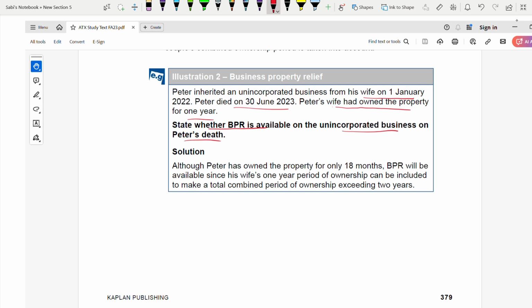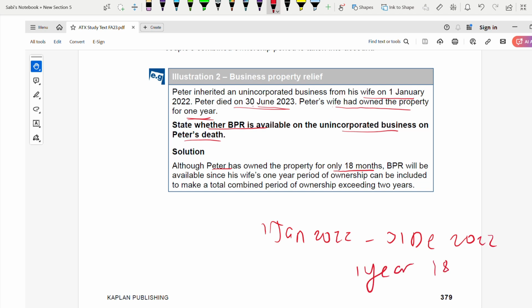With this 1 year you can add. So if you add 1 year, although Peter had owned the property for only 18 months, 1 whole year and 6 months, from 1st of Jan 22 to 31st December 22, 1 year, and 6 months because till 30th June. So 1 year 6 months is 18 months.